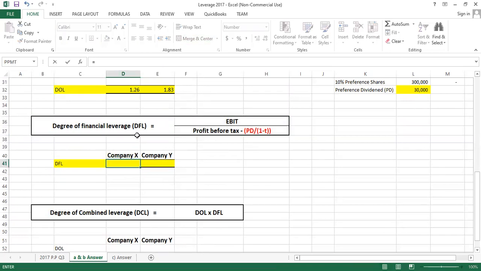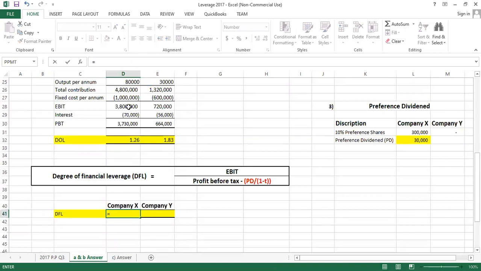Equal earning before interest and tax divided by open the bracket profit before tax minus open the bracket preferred dividend, already calculated 30,000, divided by open the bracket 1 minus T, tax is 40%, so 0.4, close all the brackets, then enter.